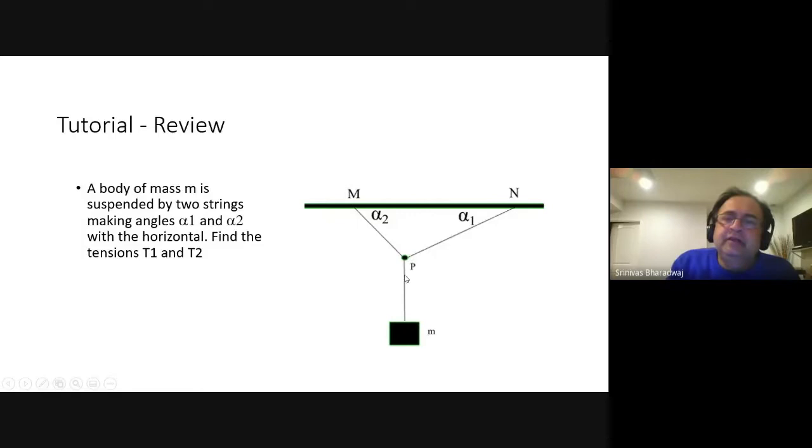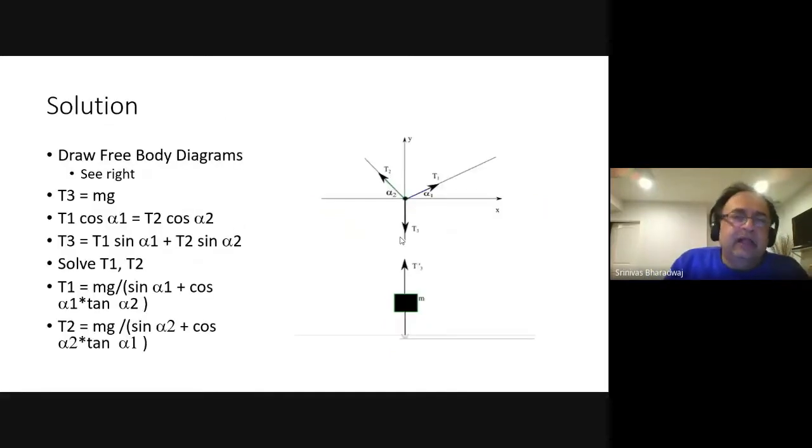Okay, T3 equals T1 plus T2, vector equation. Therefore, now we componentize into two other equations. T3 equals T1 sine alpha 1 plus T2 sine alpha 2, right? And then T2 cos alpha 2 equals T1 cos alpha 1.